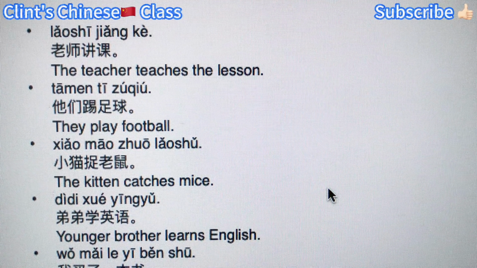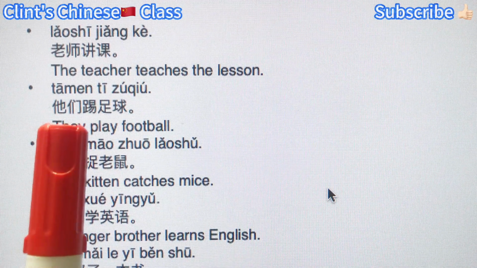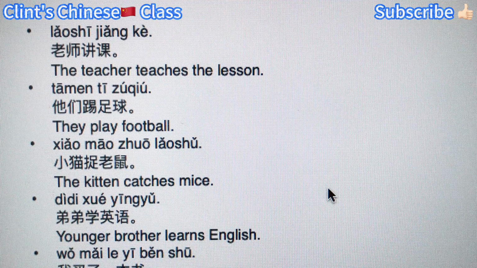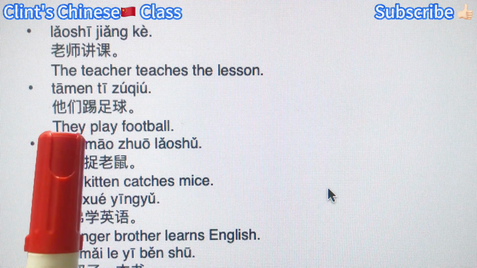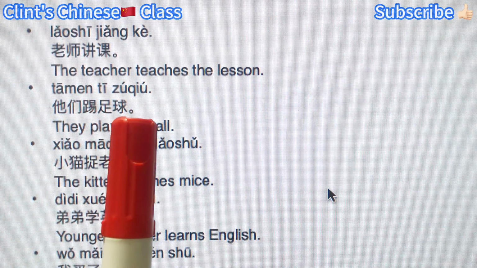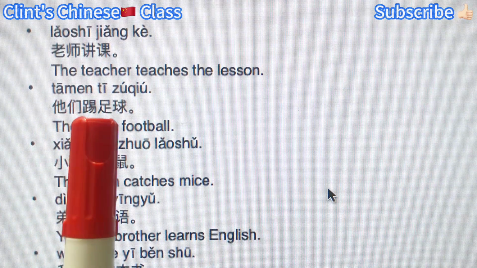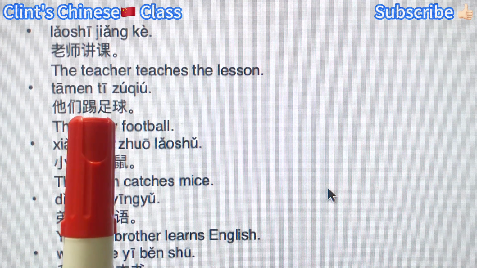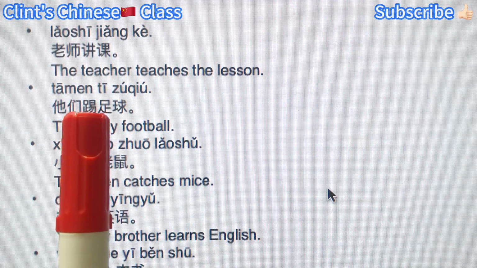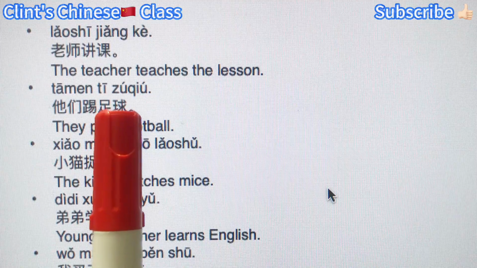Or whenever you see sentences that follow the structure, you can analyze them and also use the structure to make your own sentences. They play football. 他们踢足球. So here, 他们, they, subject, 踢, verb, predicate. 踢 means kick. 足球, football, object.